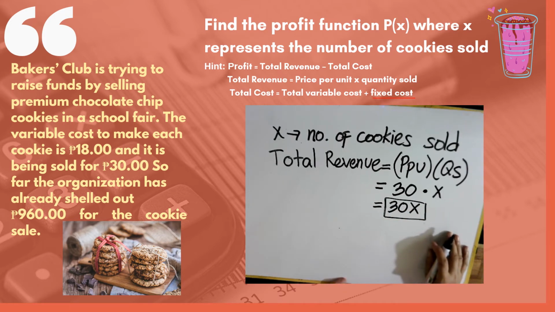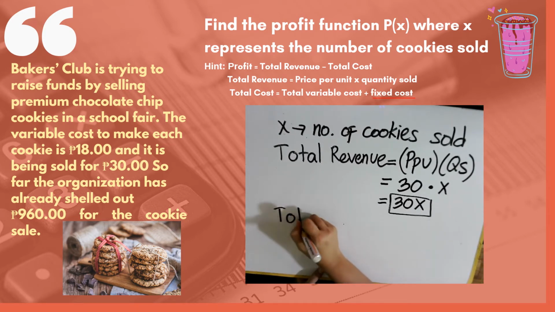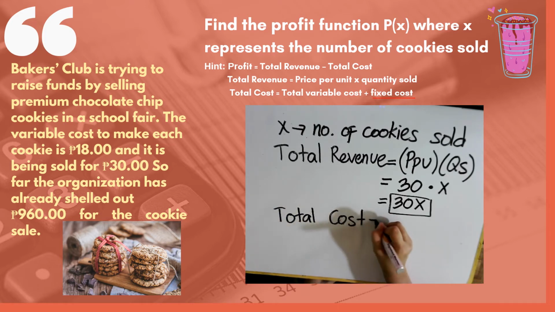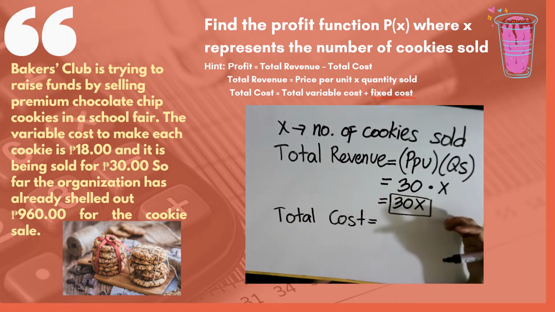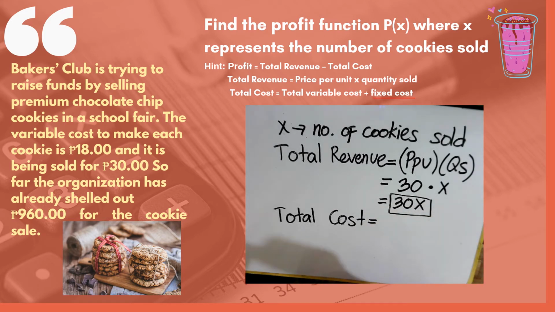Okay, next, tukuyin naman natin yung total cost. Teka, balikan natin yung total revenue. So, dito malalaman kung magkano lahat yung naibenta mo. No? Hindi yung kita, kundi lahat-lahat ng naibenta. Kasama dun yung puhunan. Total cost naman tayo.